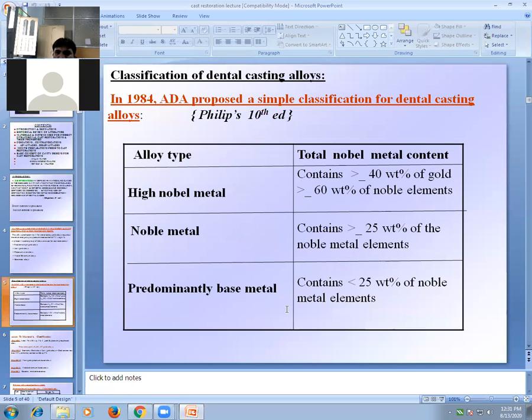In 1984, ADA proposed a simple classification for the dental casting alloys, that is high noble metal, noble metal, and predominantly base metals. High noble metals contain more than 40 weight percent of gold plus 60 weight percent of noble elements. Noble metal contains more than 25% by weight of noble metal elements. And predominantly base metal means the noble metal content is very low, that is less than 25%.